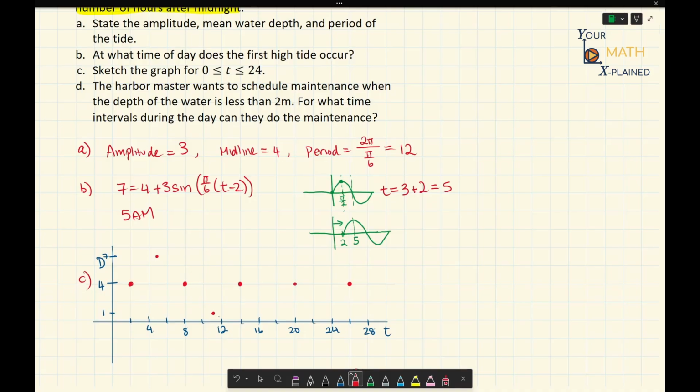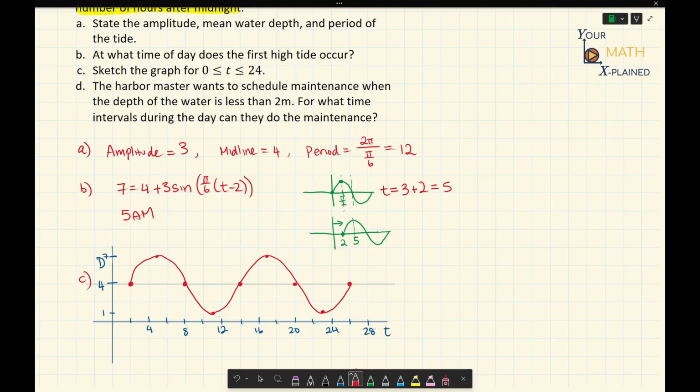And then we're just going to repeat that for the second cycle. So it'll be right over here and right down here. So we're going to connect those dots in the shape of a sine wave. So then it should look something like this.